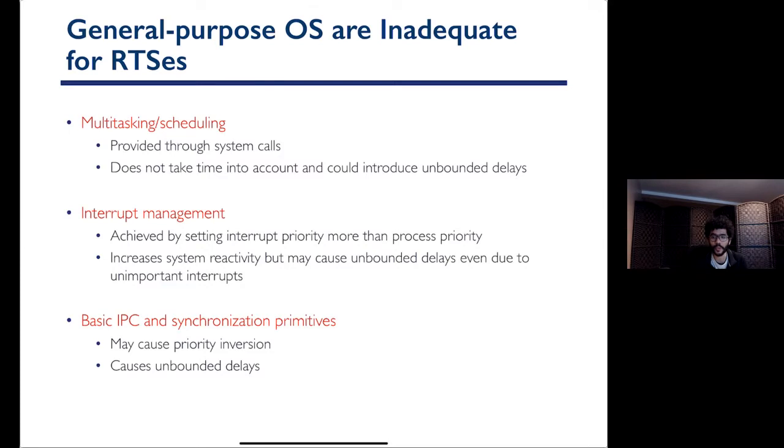And if there is no predictability, then you cannot avoid missing deadlines. And if you cannot avoid missing deadlines, then you're kind of screwed if you want to implement a real-time system.